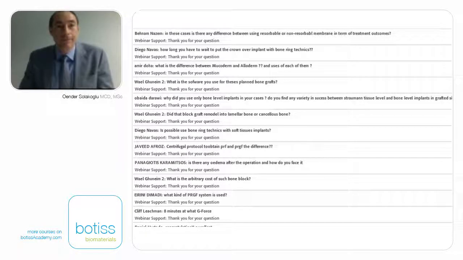Okay, thank you for your answer. And there's another question which says, is there any edema after the operation and how do you face it? Well, I think most of the time you have some edema after surgical interventions. However, this, as I showed you, is a very quick and easy procedure, so the surgical edema is very limited.